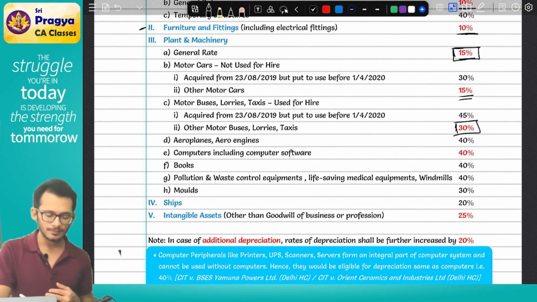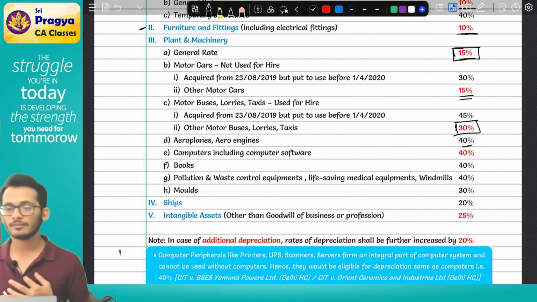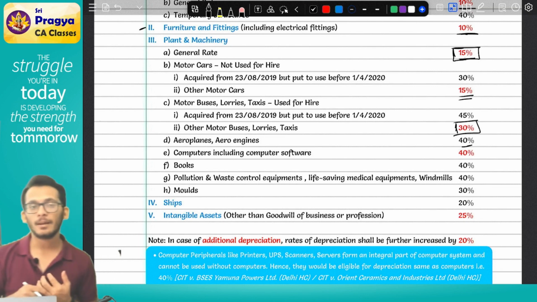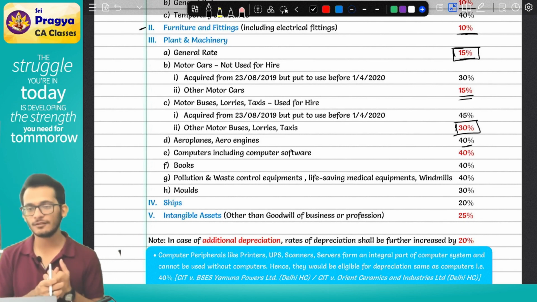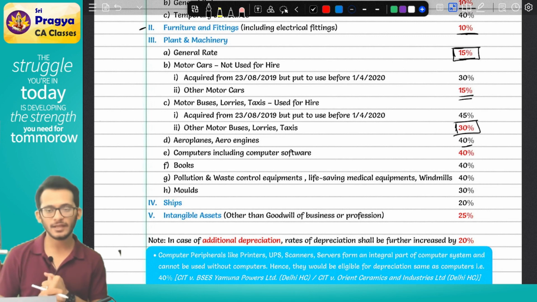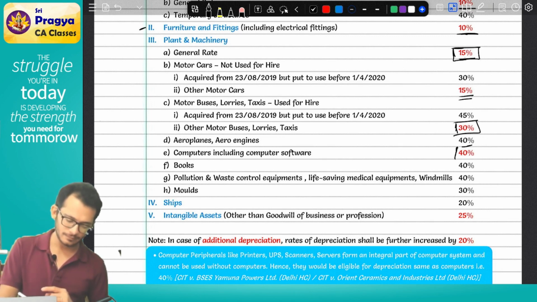Therefore, 40. Computers will become obsolete faster or slower? Faster. It's an electronic product. Today it is important, tomorrow it may not be. So it will depreciate faster, and the rate of depreciation should be 40.